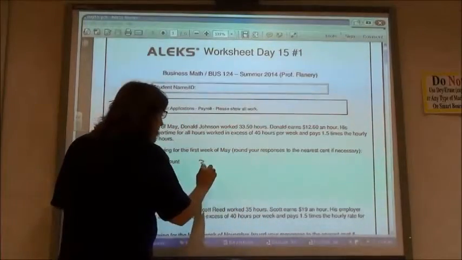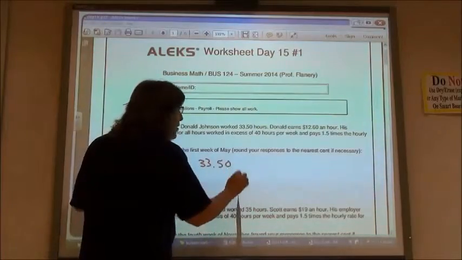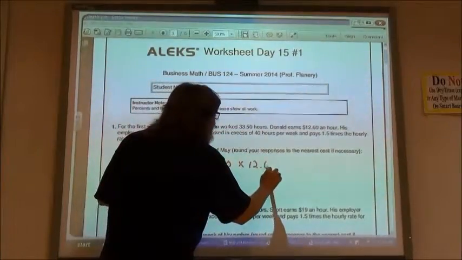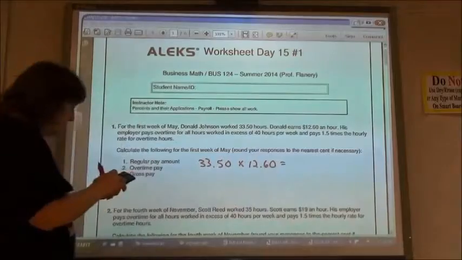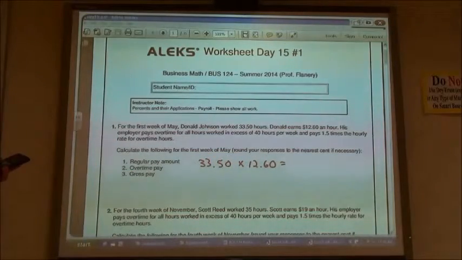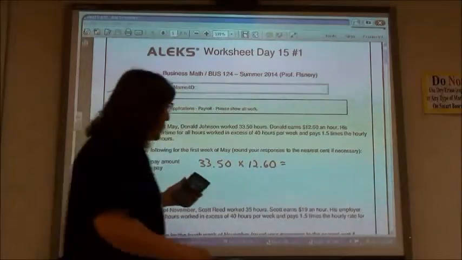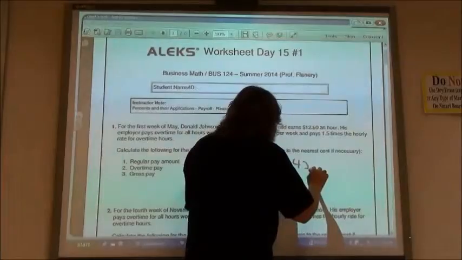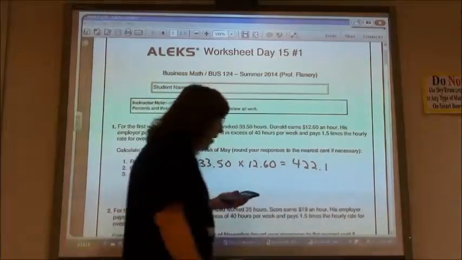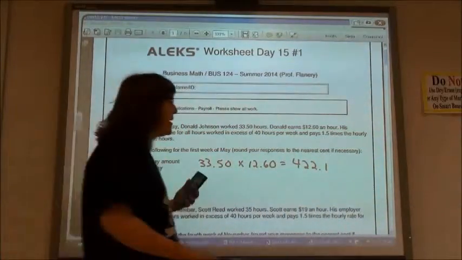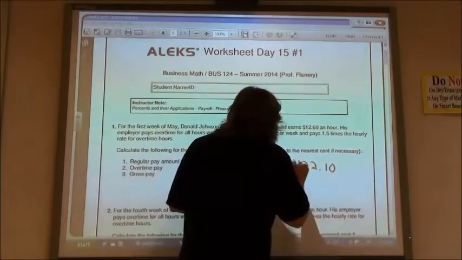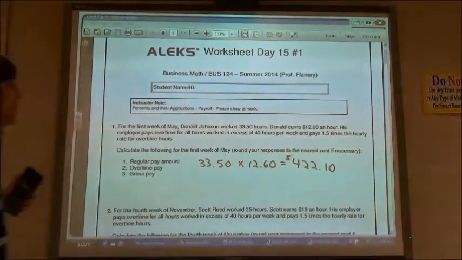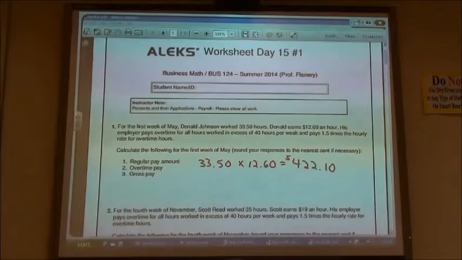I'm going to take the 33.50 hours times $12.60. So 33.50 times $12.60 gives me $422.10. Keep in mind on your calculator, it gives you 422.1, but we want to write it as money, so we always want to go to the hundredth spot, $422.10.